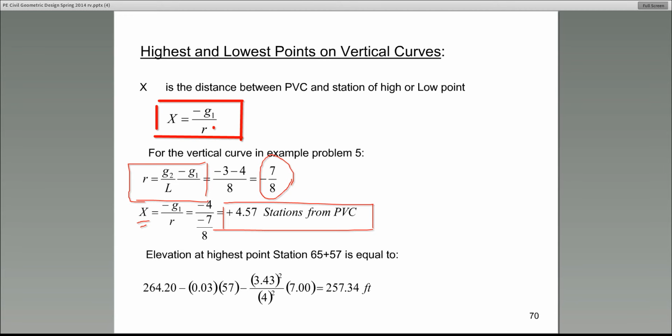I need for you to pay attention and understand what this X is. This is not the elevation. This simply tells you how far away, in terms of stations, is the point that contains either the highest or the lowest elevation. All right. So this equation just helps us locate that high point or low point.